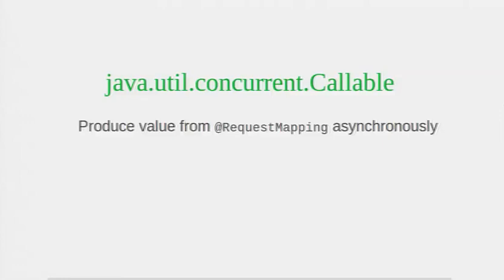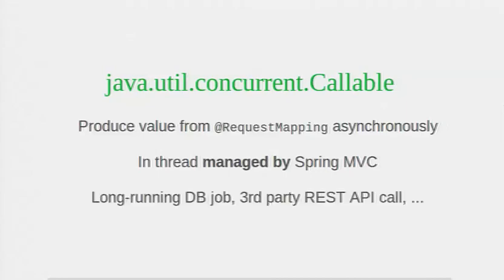So taking a closer look at callable, essentially we're producing a value from the controller method, but we're going to do that asynchronously. The important thing is that this callable is going to be kicked off immediately using a thread pool, which you can configure, but it's basically something that Spring MVC will manage for you. So if you're calling out to a third-party API, or you have a long-running database job, you have a choice.